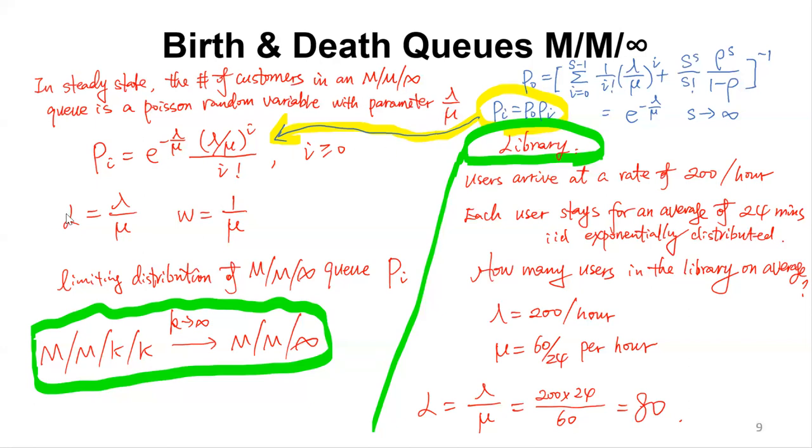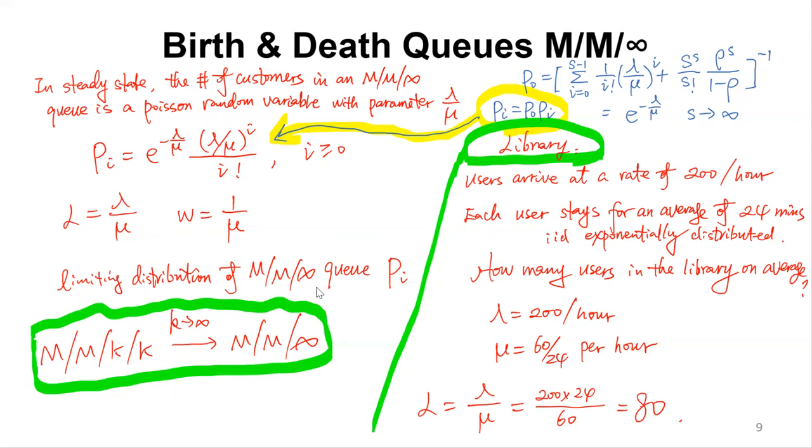If we look at the average length, this is the parameter, right? The expectation of a Poisson random variable is lambda over mu. Then the waiting time in the system will be L over lambda, so this becomes 1 over mu. Basically, it's just the service time because you have infinite servers.